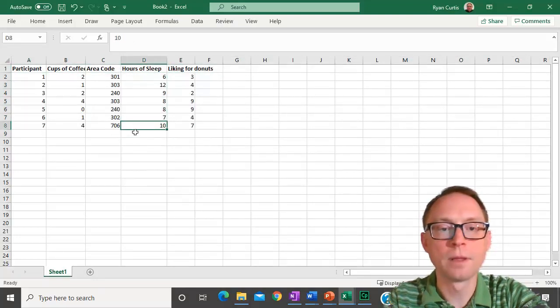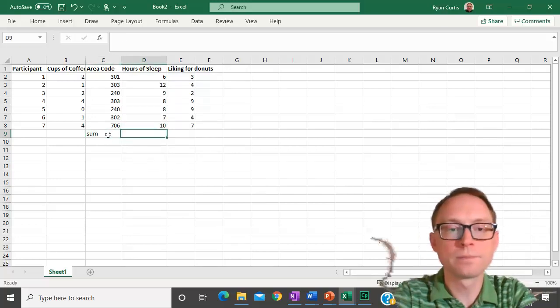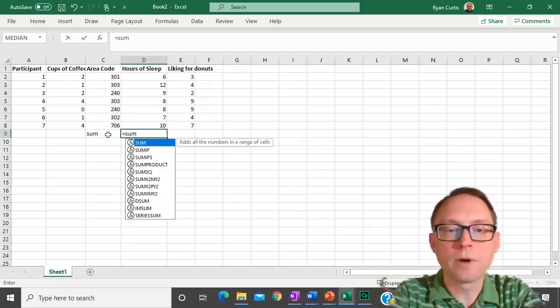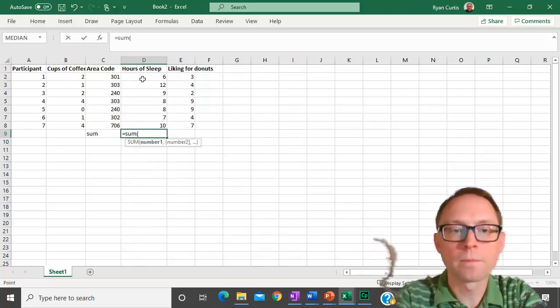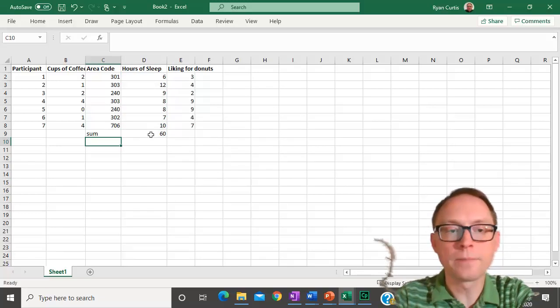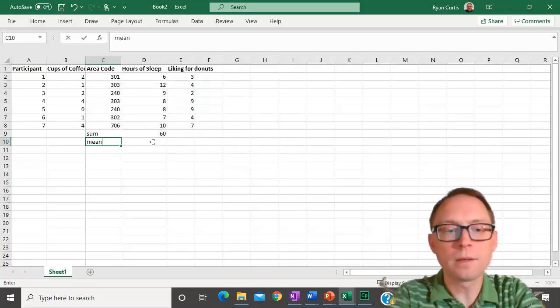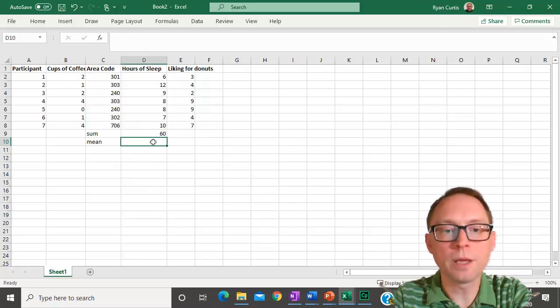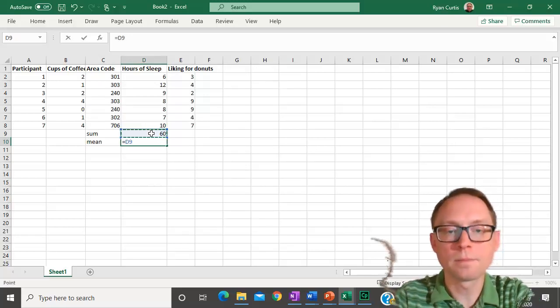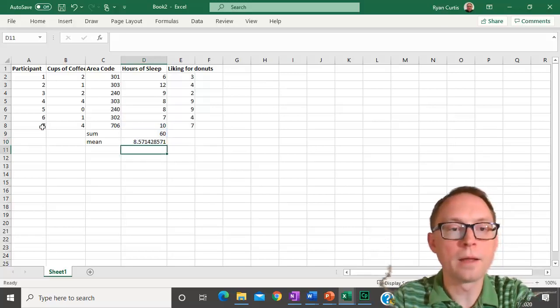The mean hours of sleep is going to be the average, so let's get the sum. This is going to be the sum of all of these. That's 60, but that's not the mean. The mean is the sum of x divided by n, and there's a total of 7 people.